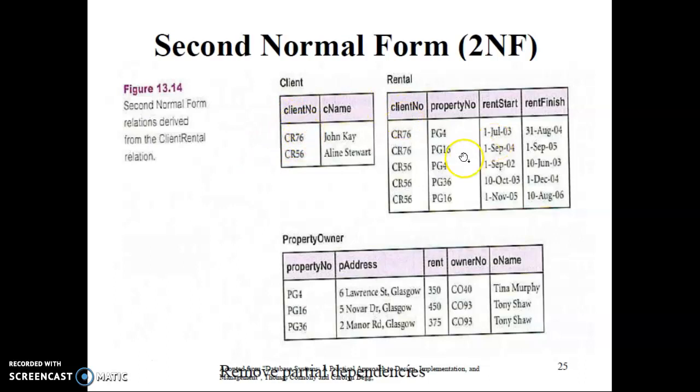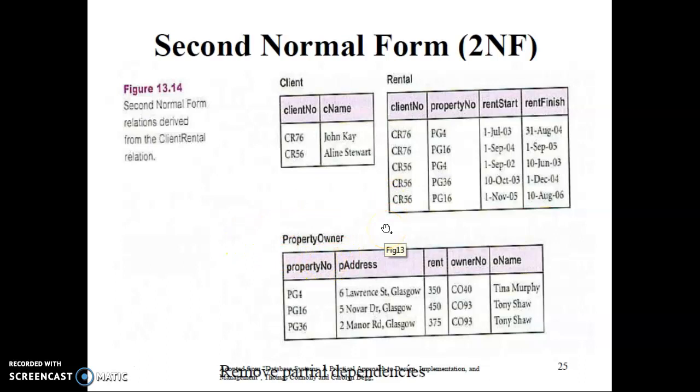In rental table, rent start, rent finish non-key attributes fully functionally depending on both the primary keys, client number, property number. In property owner table, P address, rent, owner number, owner name non-key attributes fully functionally dependent on single primary key called property number. So, all the 3 tables are in second normal form.